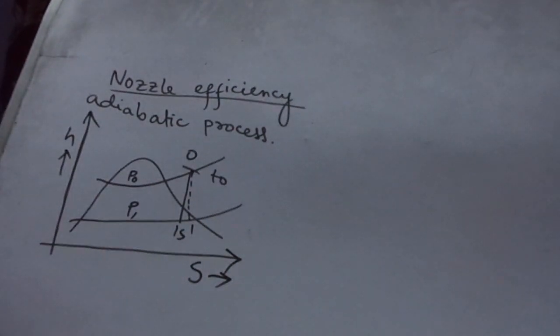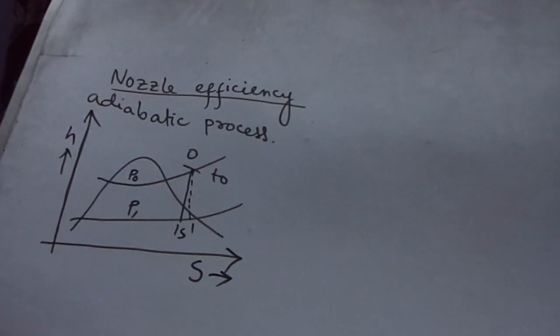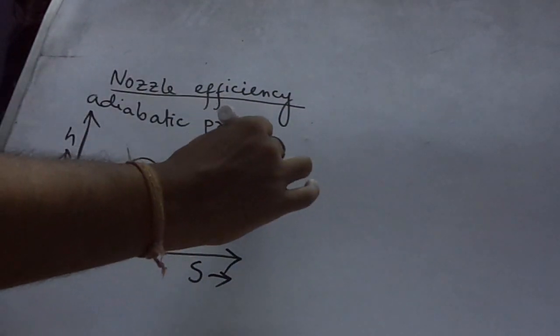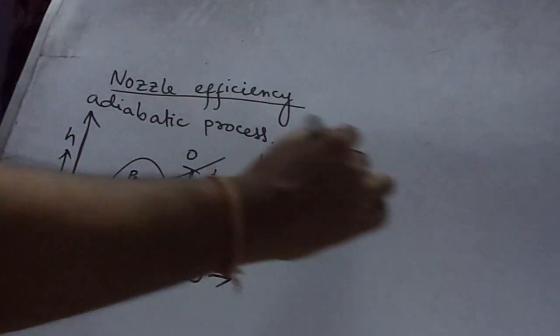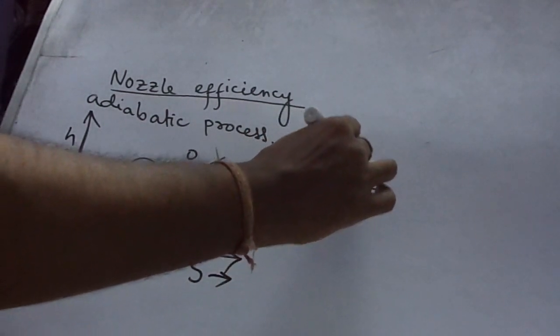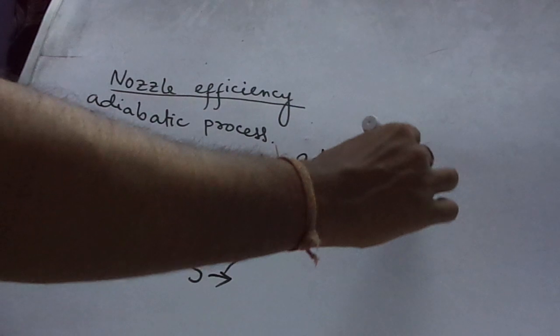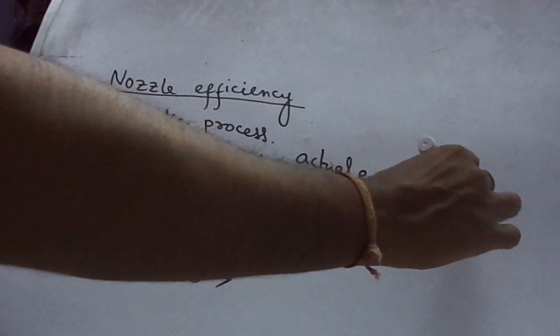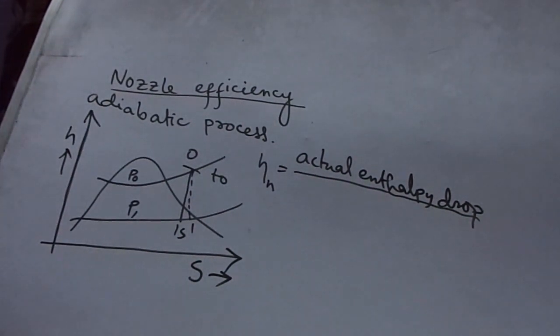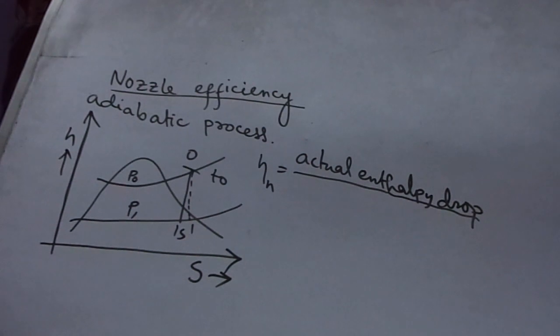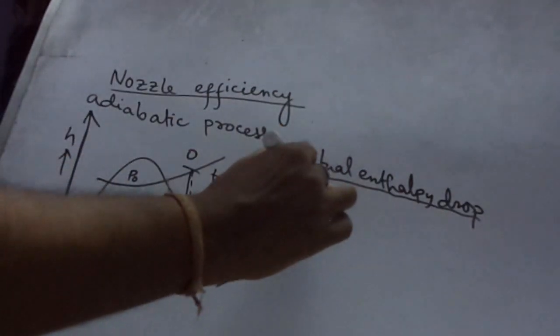Okay, so the nozzle efficiency, eta n, is defined as the ratio of actual enthalpy drop to the isentropic enthalpy drop. Actual enthalpy drop divided by isentropic enthalpy drop.